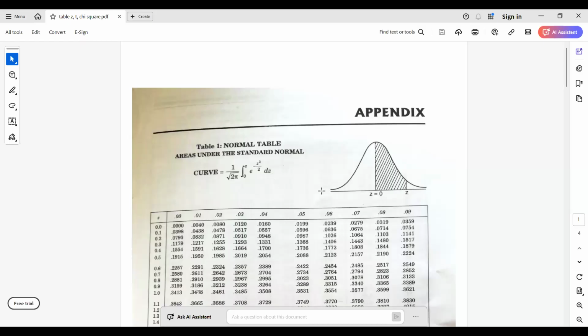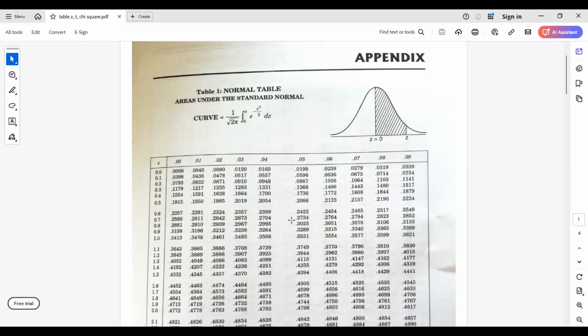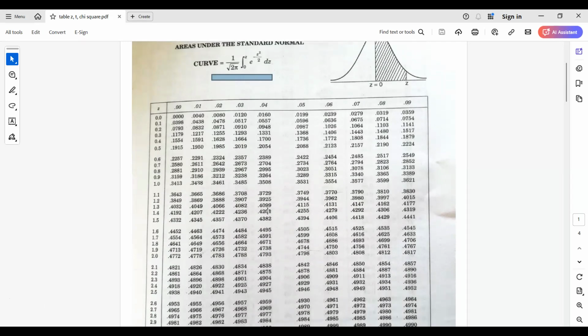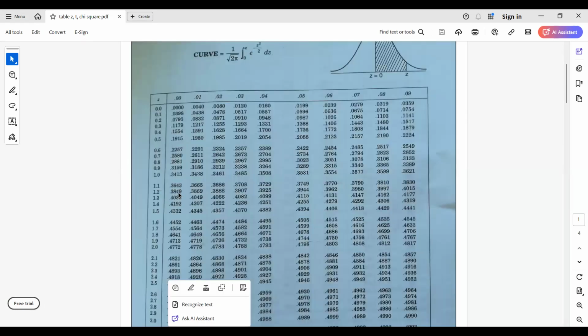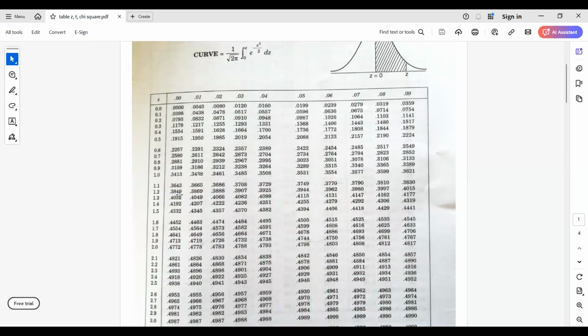So this is our normal table, that is the Z table, the standard score table. Here we have the curve, 1 upon root 2 pi, integral from 0 to z of e raised to power minus z square upon 2 dz. Now these are the areas. At 1.2, this is our area, 0.3849.